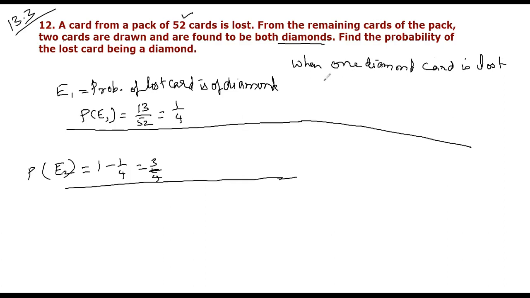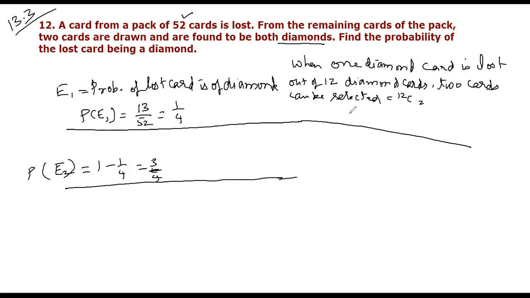Okay. That means out of 12 diamond cards, 2 cards can be selected, because you have to select the second also a diamond. So by how many ways? 12C2 ways.